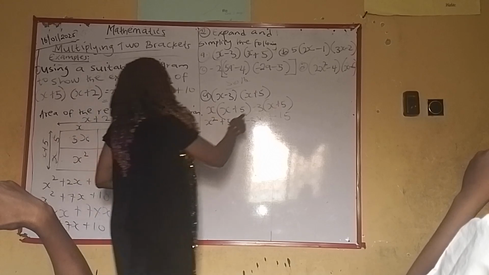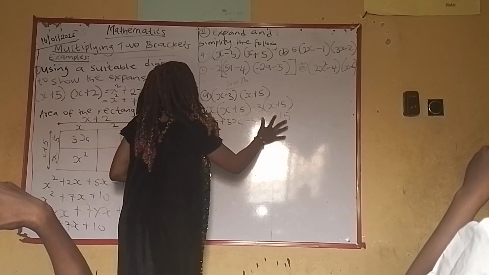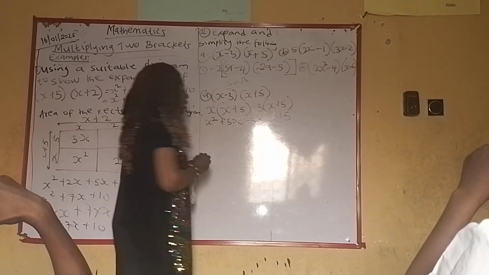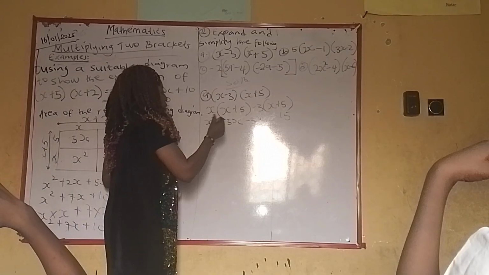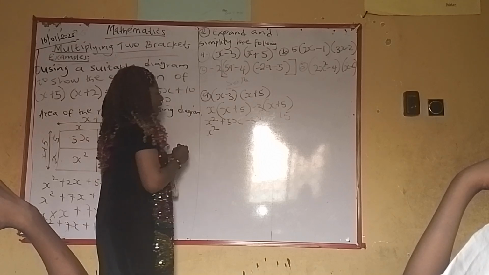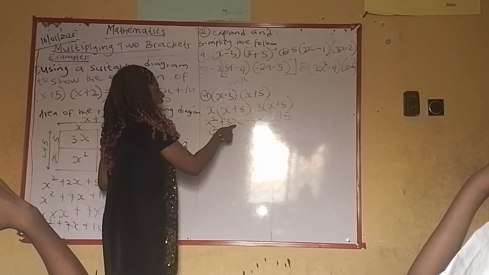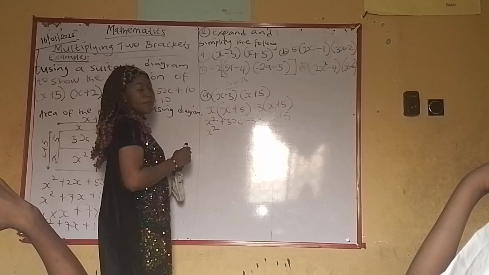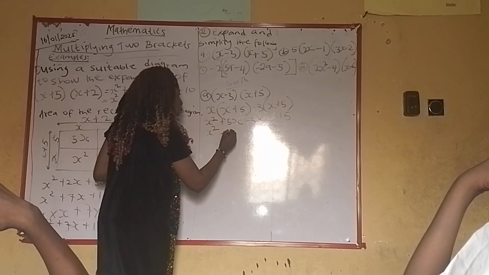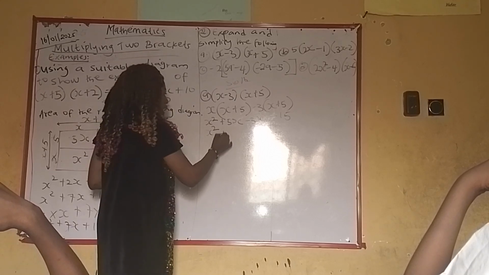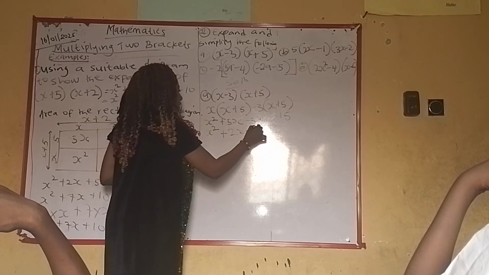Oh, I'm sorry. Minus times plus, it's minus. Thank you very much. Then we move on. x squared plus 5x minus 3x. What does it imply? That you have, yes, and you are owing. So you have plus 2x minus 15.